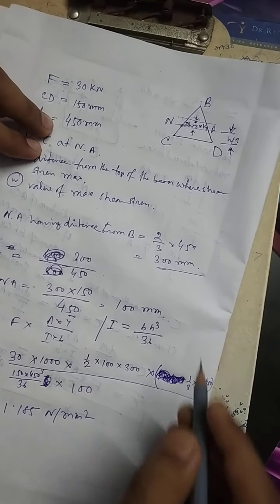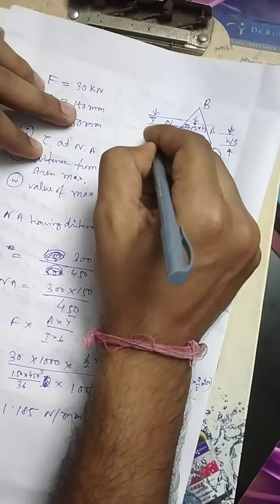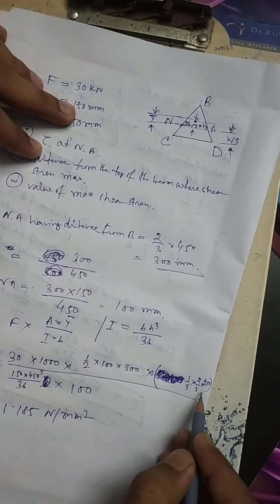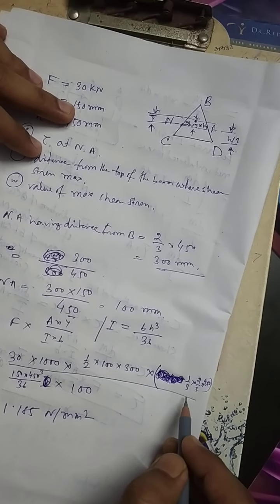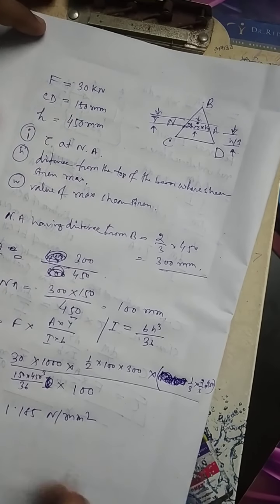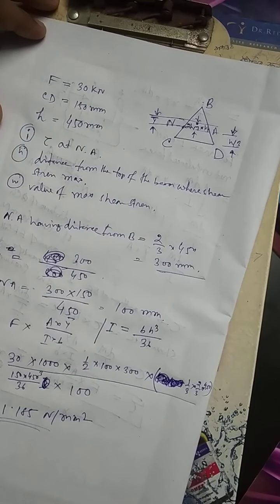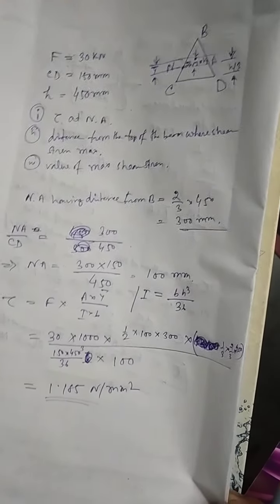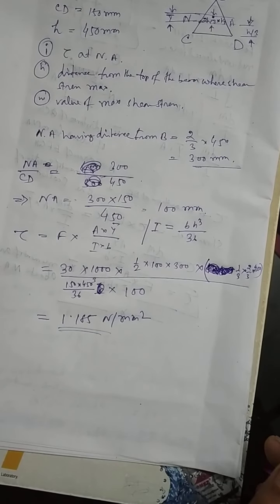Okay, so y bar is only this much. So that is 1 by 3 into 2 by 3 into 450. Okay, so we'll get the value 1.185 Newton per mm square. So this is our first answer.